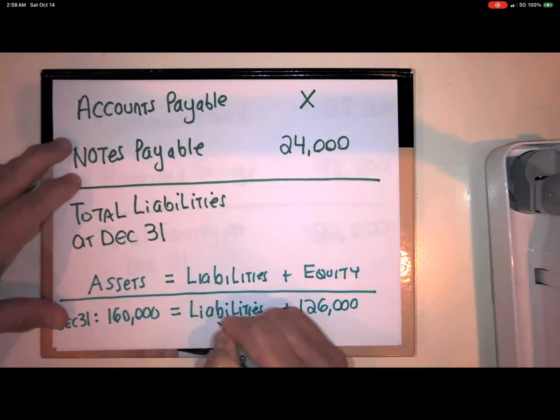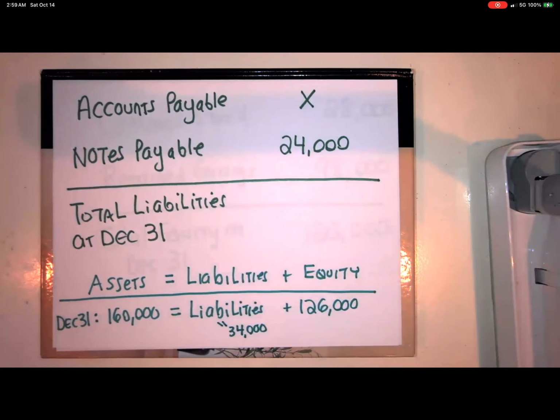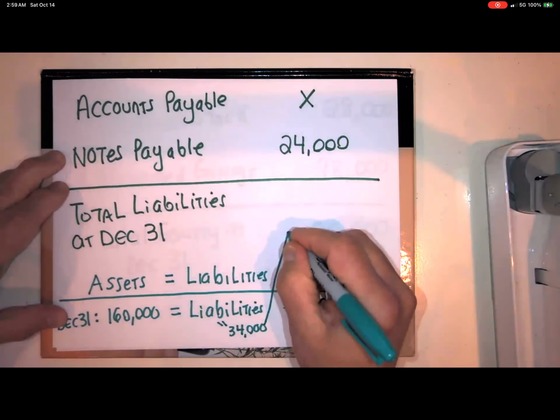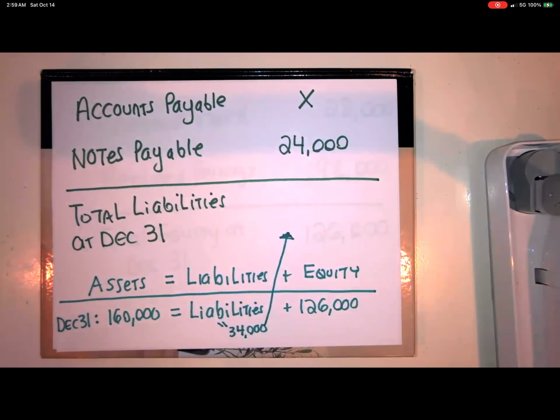So we can solve right there for the liabilities. And that looks like $34,000. And then we can take that number right up here. So the total liabilities at December 31st, 34,000.